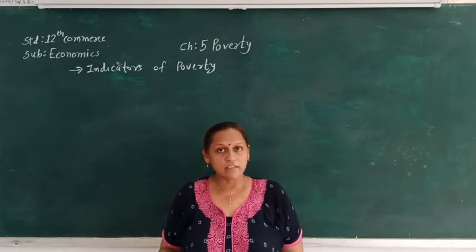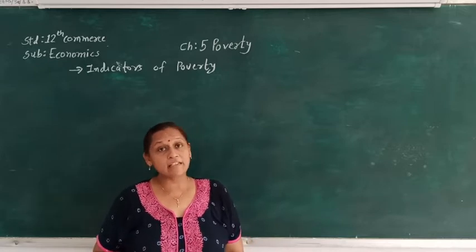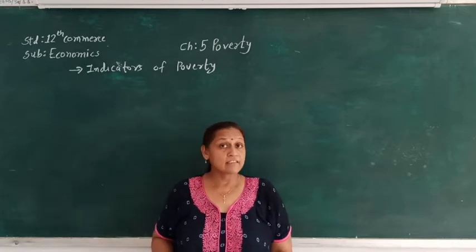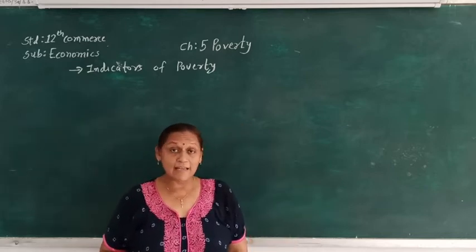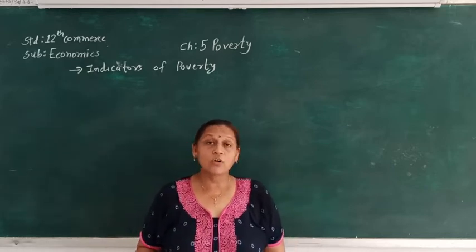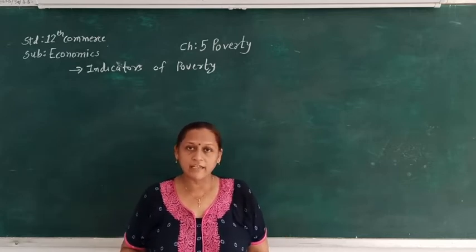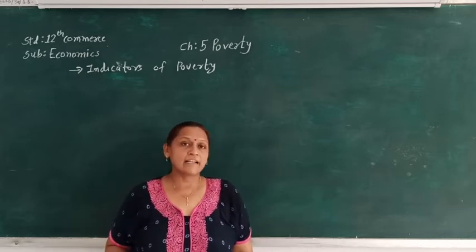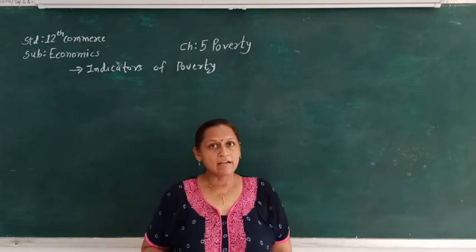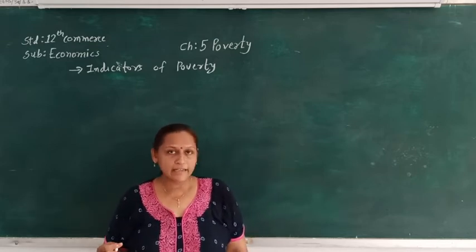If more children are dying in a country, we can see that there is less facility of vaccination, the mother's education is low, and the child is not getting enough nutritive food. So these are the reasons a child can die before 1 year, and from that we can come to know how poor the country is.